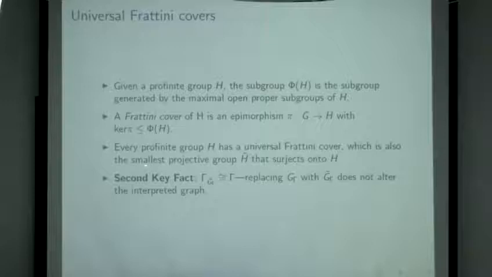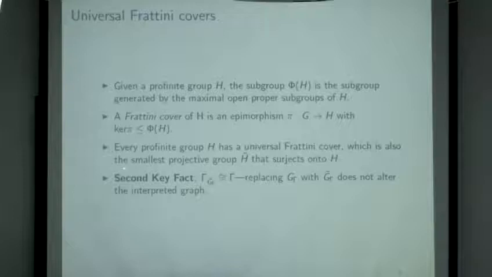A Frattini cover is an epimorphism such that the kernel is contained in phi of G. Every profinite group has a universal Frattini cover, which is the same thing as the smallest projective group that surjects onto H. This is unique up to isomorphism.